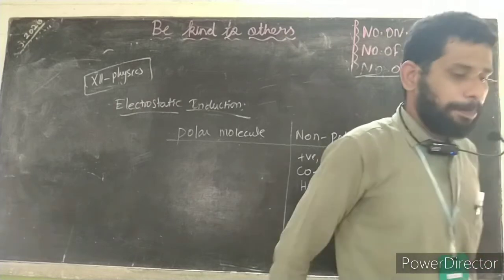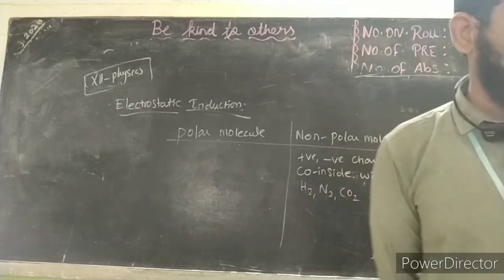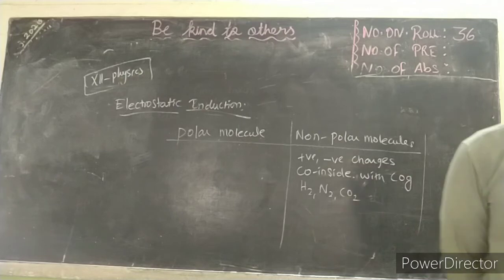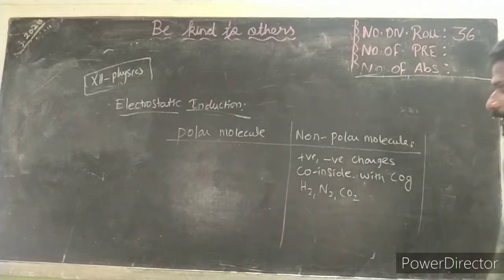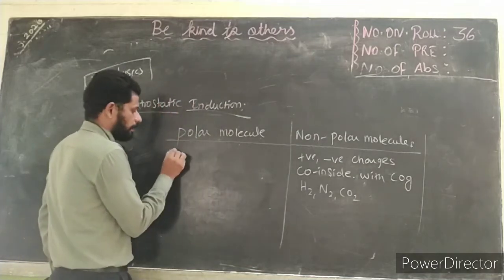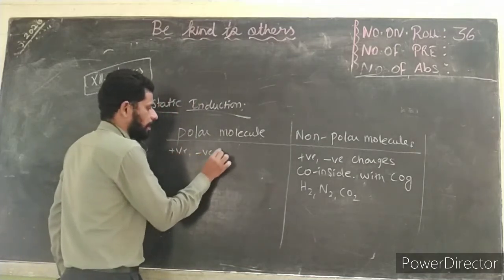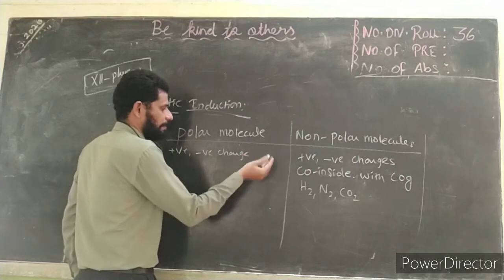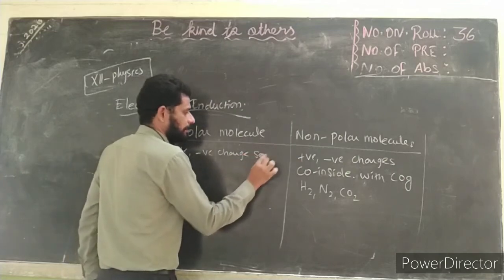Polar molecules: in polar molecules, the centers of the positive and negative charges are separated even in the absence of an electric field. They never coincide with the center of gravity.